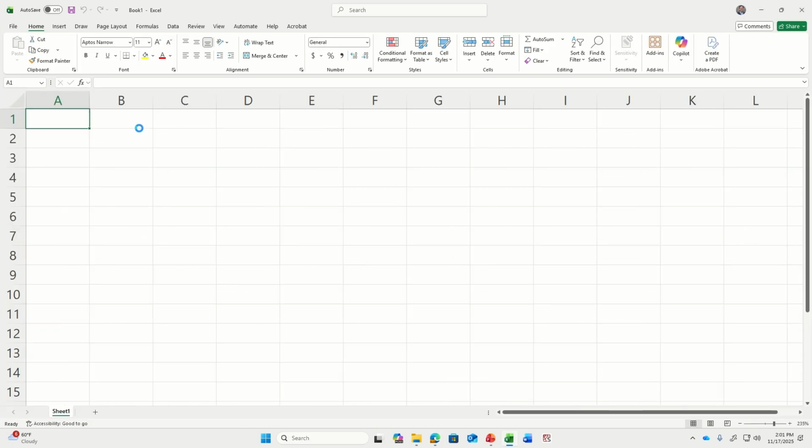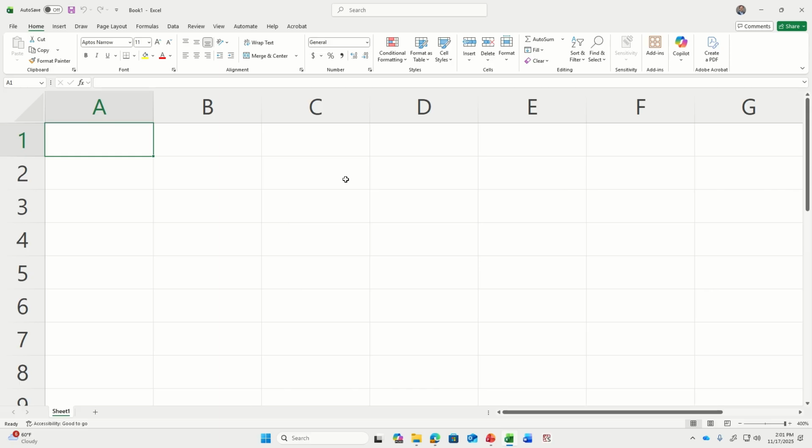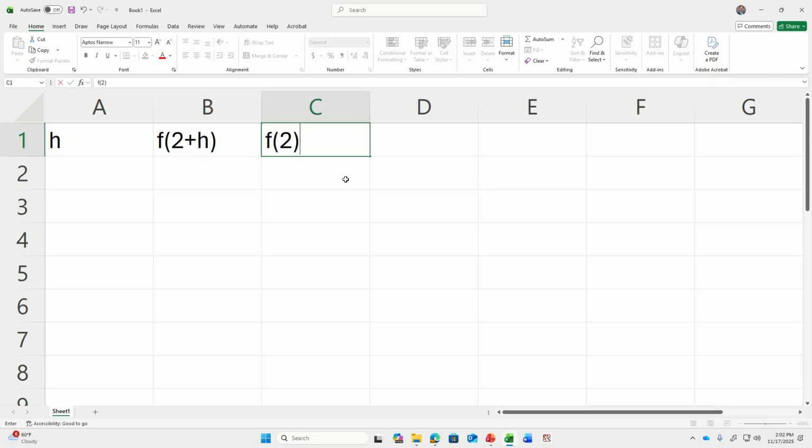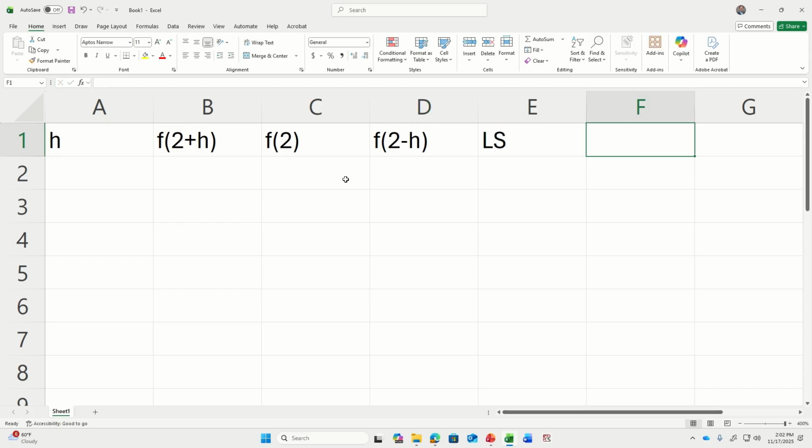We compared all three. So we're going to have some value for h. We're going to get f of x plus h. We are going to get, and let's say the x is 2, right? And then we're also going to get f of 2 minus h in here. And that way we can calculate the left side approximation, the right side approximation, and the central.